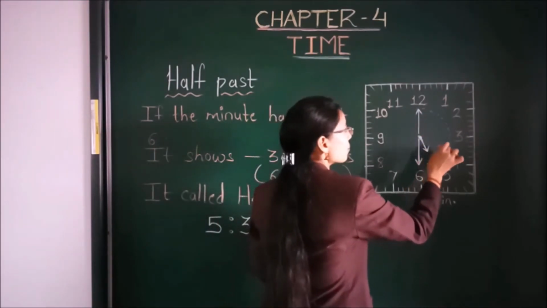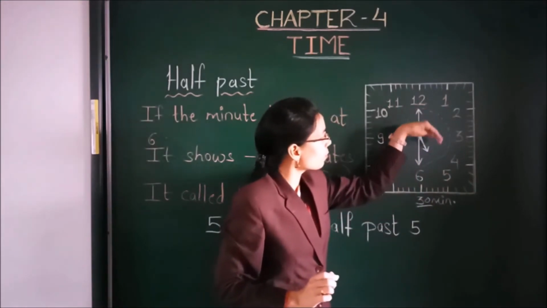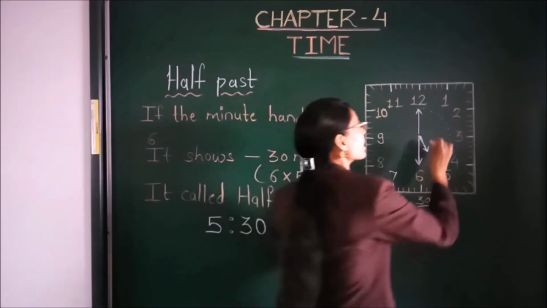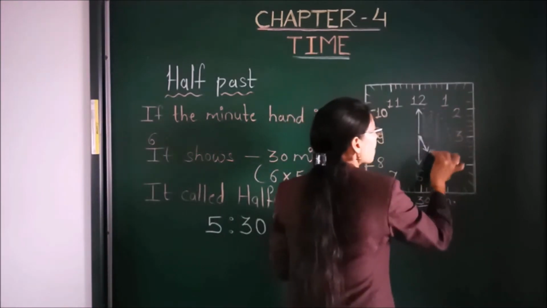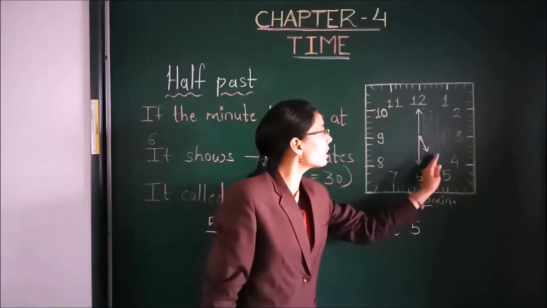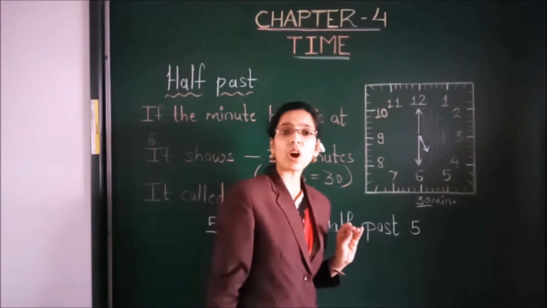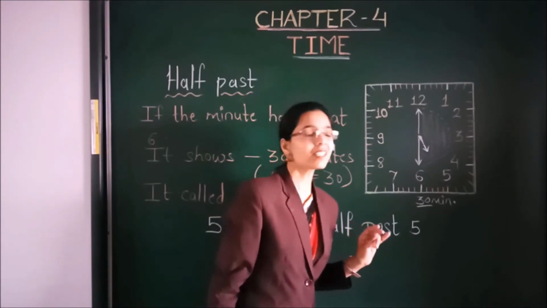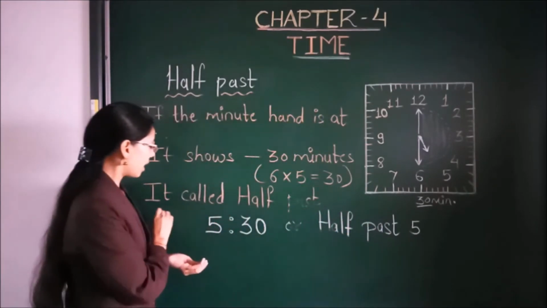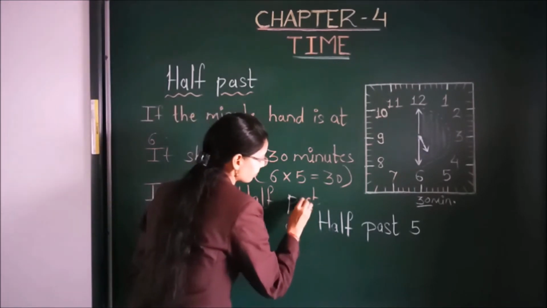After 12 it moves to 6 and completes half a circle, and for this first half we call it half past. That is why it is called half past.